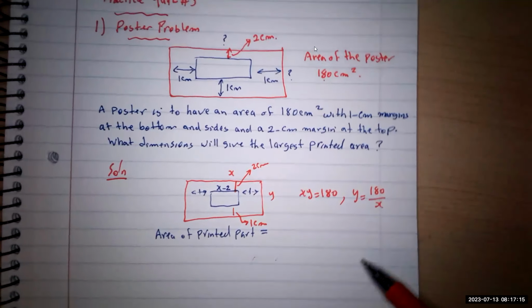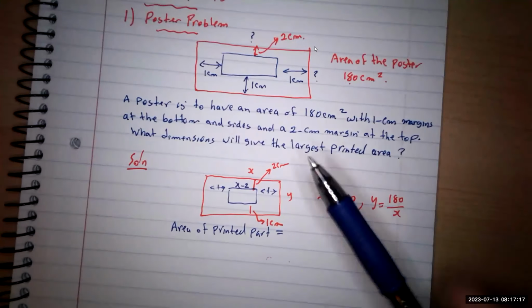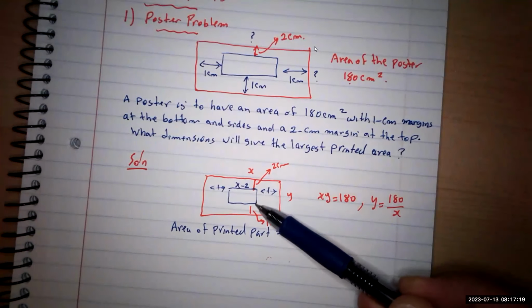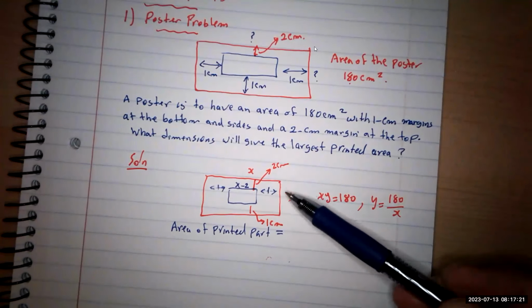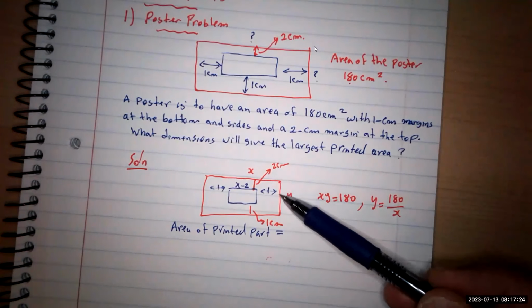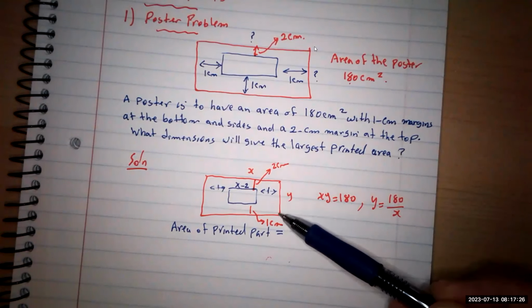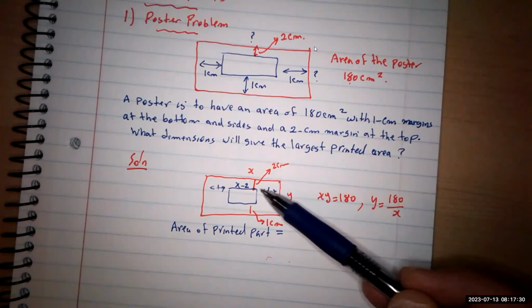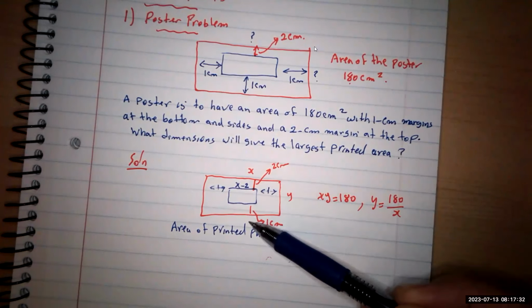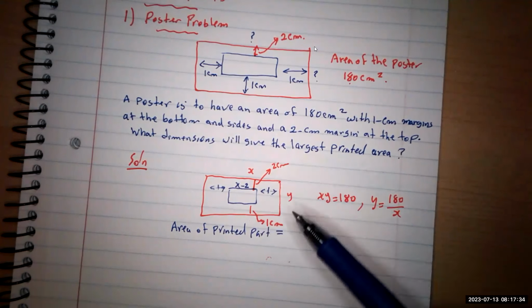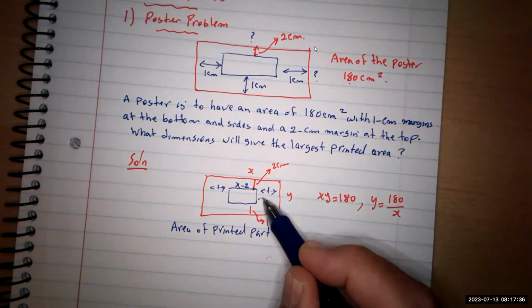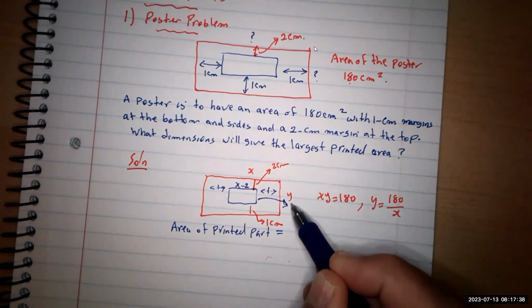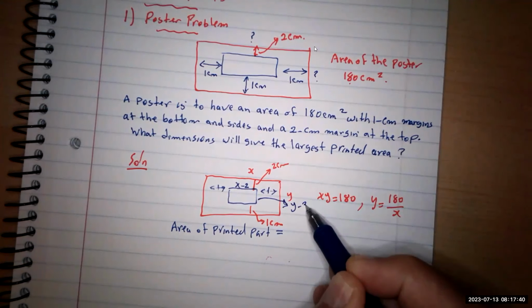So in order to get the blue part over here, we're going to take something out of y: the margin at the top, 2 centimeters, and the margin at the bottom, 1 centimeter. So this portion is going to be y minus 3.